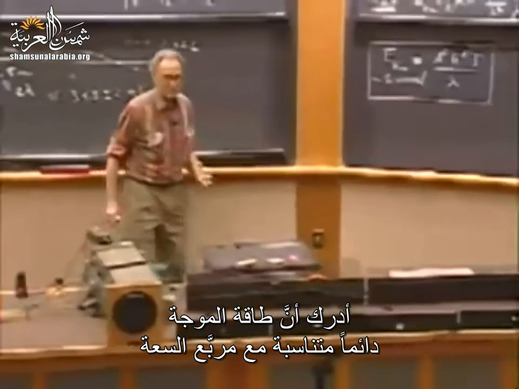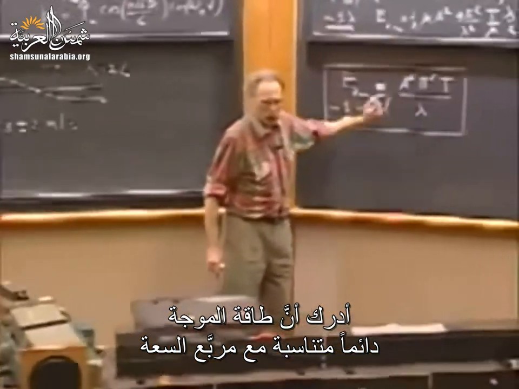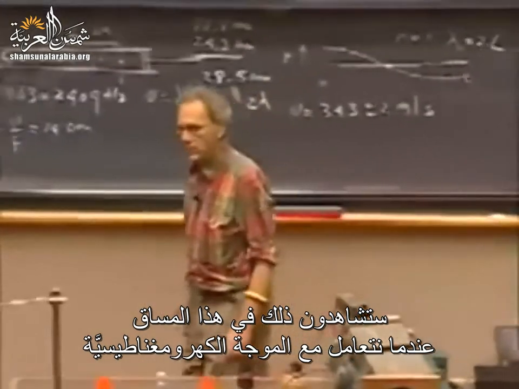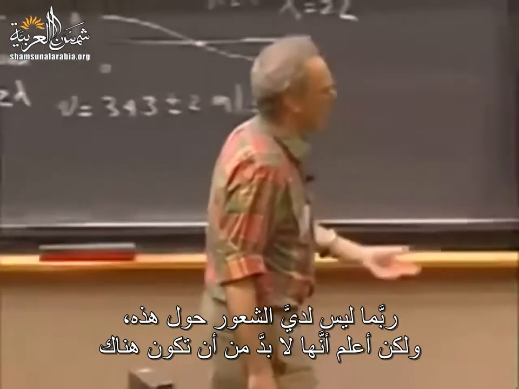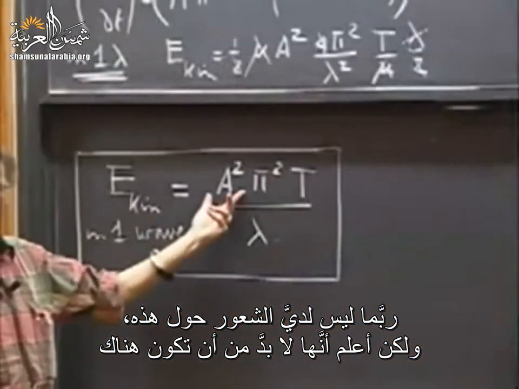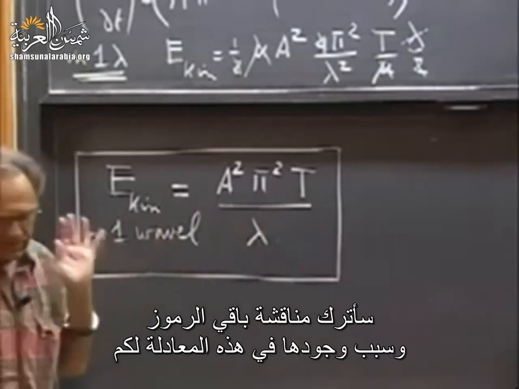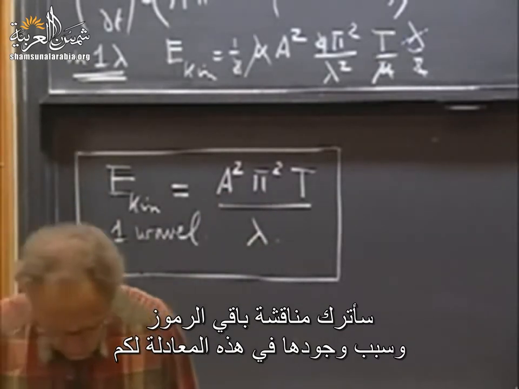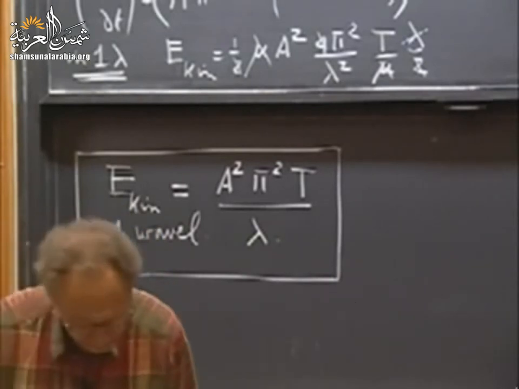I do know that the energy in a wave is always proportional to the amplitude squared. You're going to see that when we do electromagnetic waves in 803, it's always proportional to A squared. So that's the only one for which I may have a feeling, but I know it's got to be there. And the rest, I will leave you with that to see whether perhaps you can talk yourself into understanding why you see the symbols where they are.